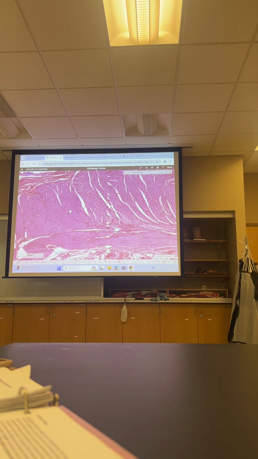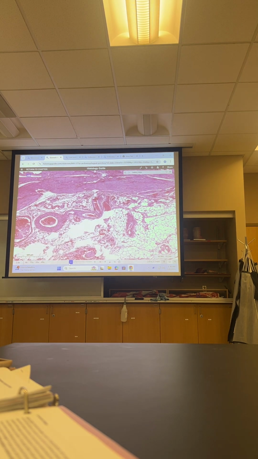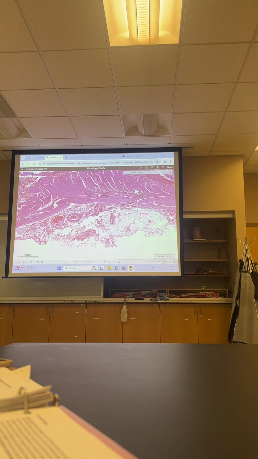And so they go in opposite directions to help churn up the stomach contents. And then at the very bottom, you have all of this adipose and loose connective tissue, and that's known as the serosa. And within there, you can also find some blood vessels and some nerves if you were to look closely.